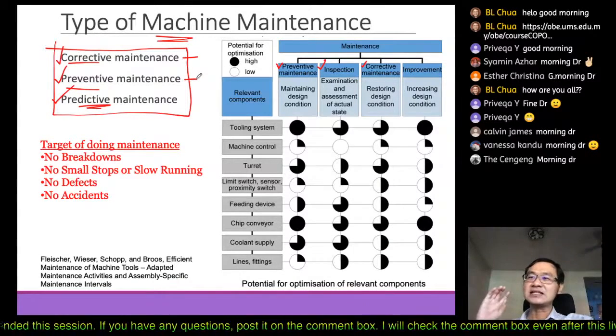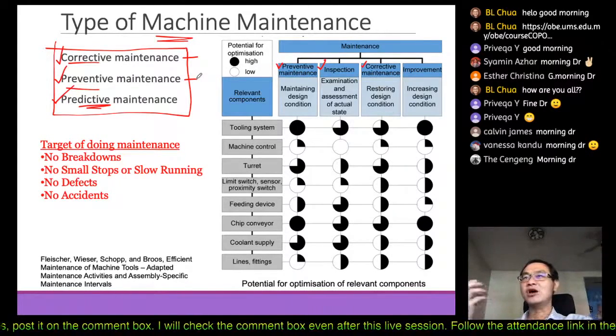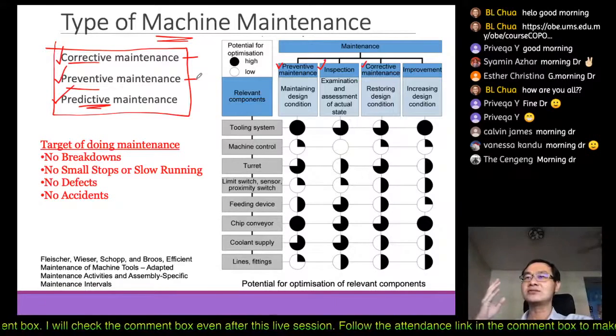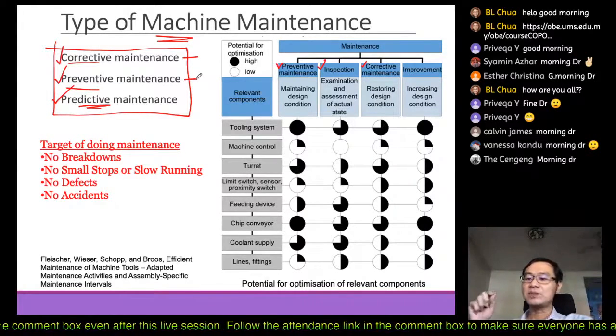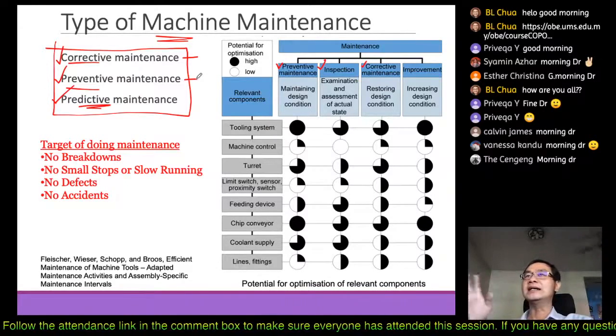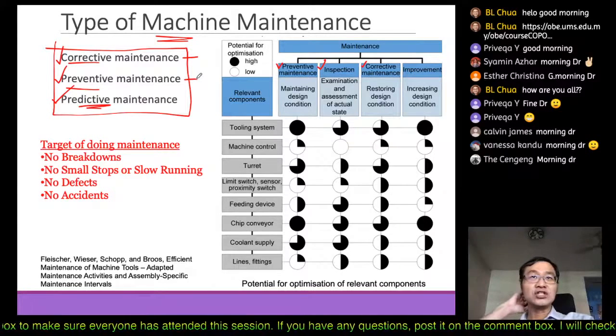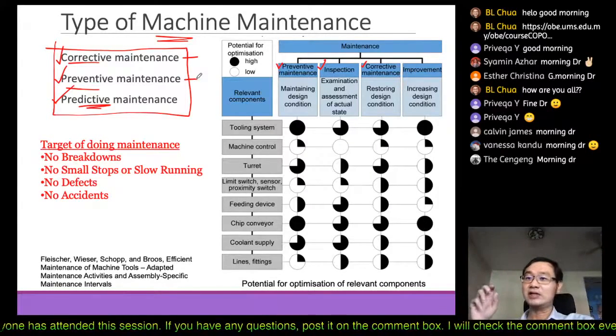So this kind is preventive maintenance, because from the studies they know that the oil after 3 months running continuously will have an amount of debris that will cause problems in the long run if you don't change it, and also the quality of the oil will change.